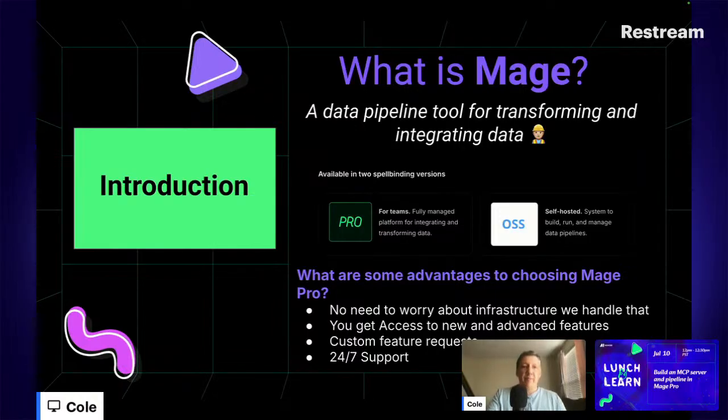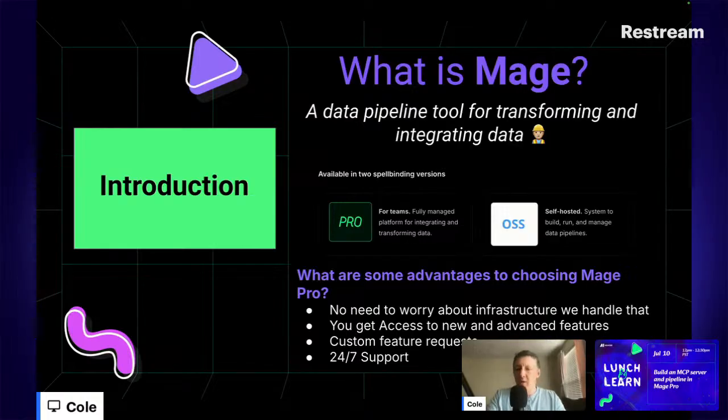If you're not familiar with Mage, Mage is a data pipeline tool for transforming and integrating data. We have both a pro offering and also an open source offering. Some of the advantages to choosing Mage Pro are that you won't need to worry about any of the infrastructure behind the system.